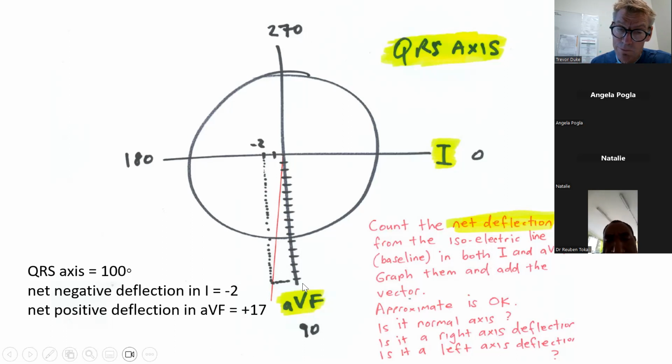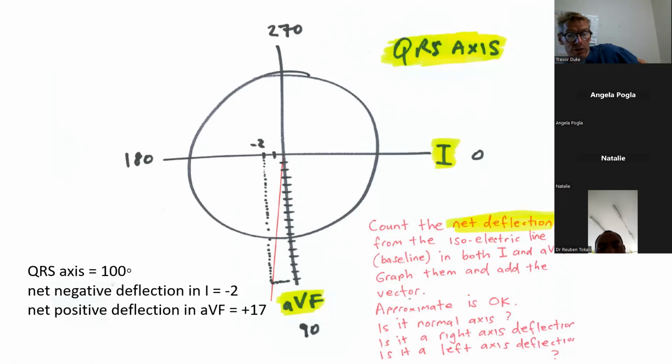But if you think that the net deflection is 17 down and -2 across, then it must be in this quadrant, and it must be just past 90 degrees. So it's probably about 100 degrees, all right? So a little bit past the AVF.